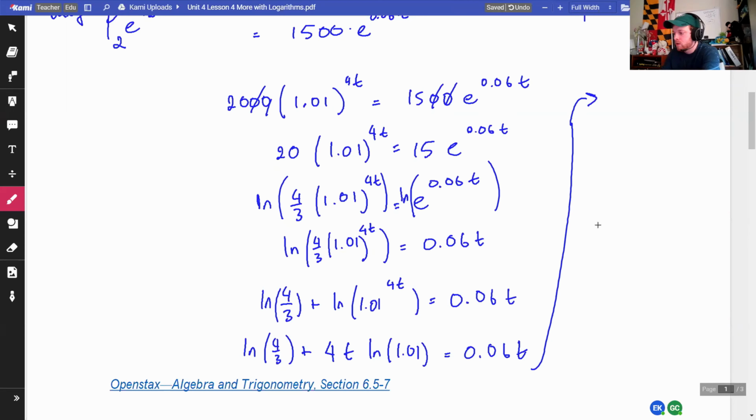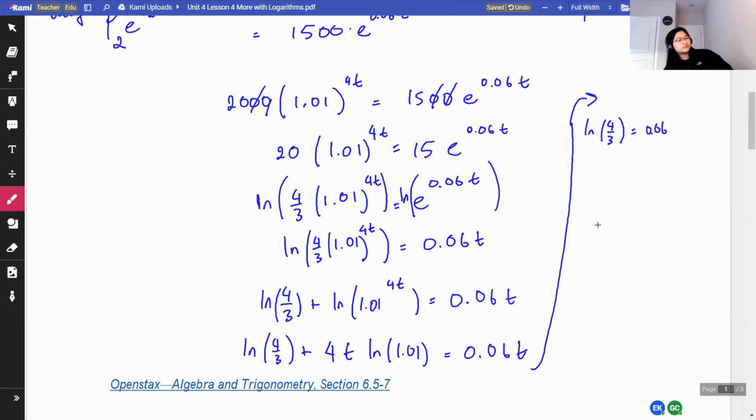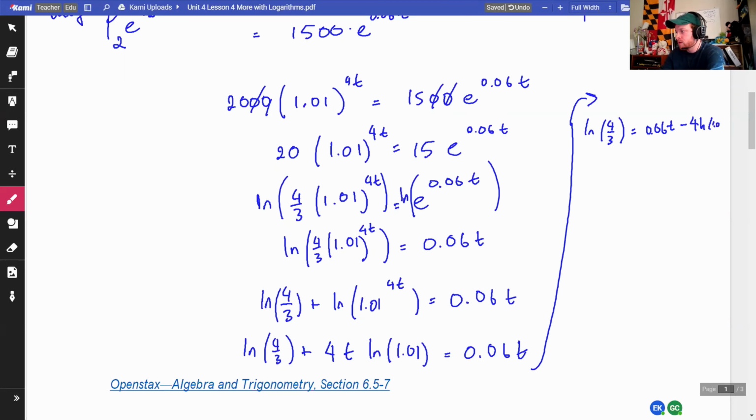I think so. So how do you want to do this? Well, I think that the t's should go together on the same side. So maybe leave the 4/3 on the left-hand side of the equation. And so 0.06 t minus 4 ln 1.01 times t.